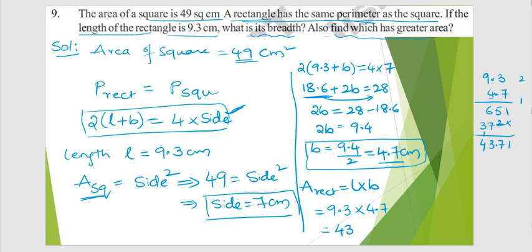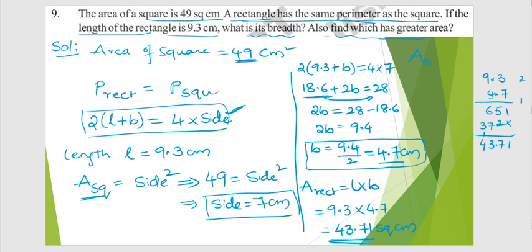So what I got here, 43.71 square centimeters. Now area of square how much? 49. What is area of rectangle? 43.71. So clearly whose area is greater? So clearly area of square is greater. So from this what I can say?